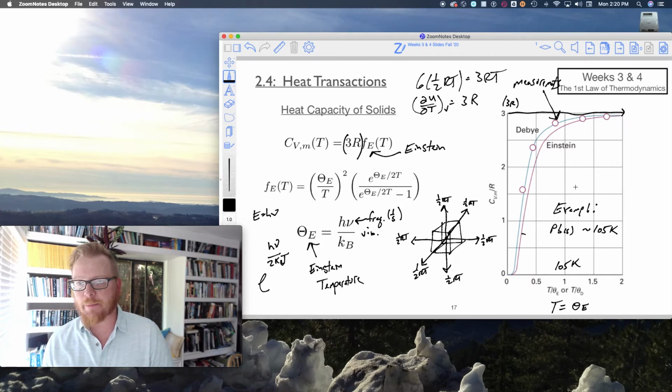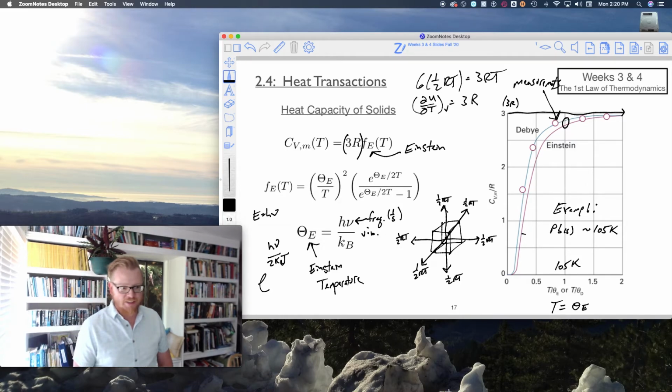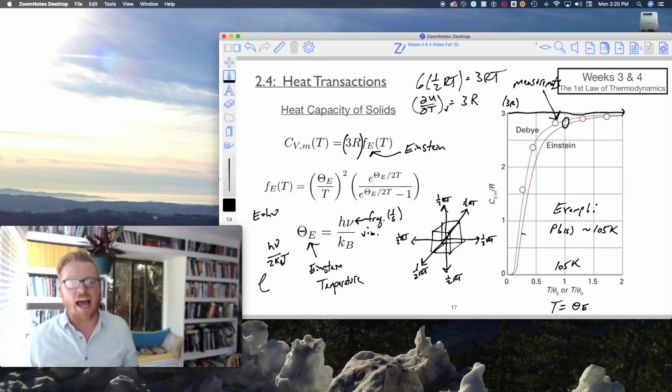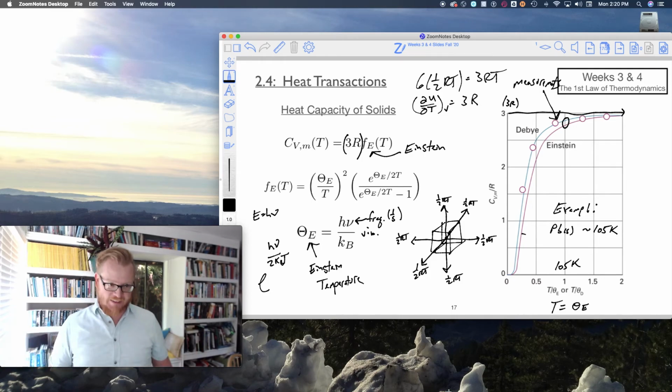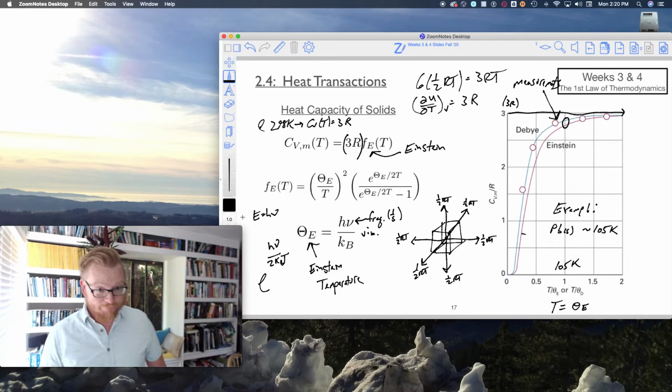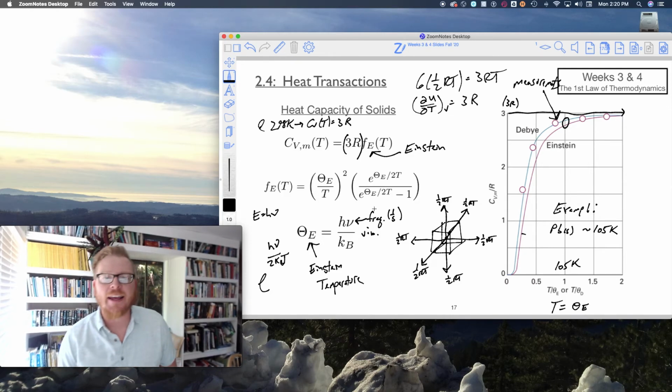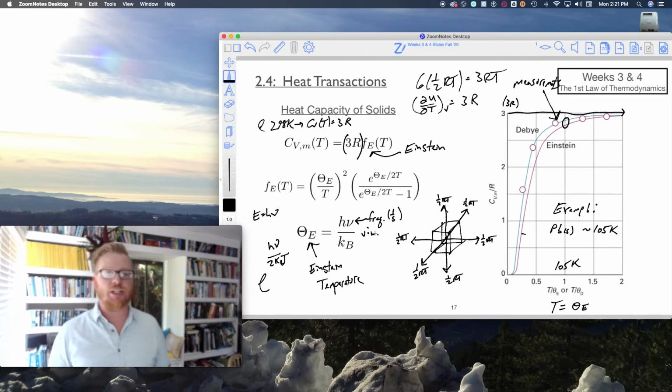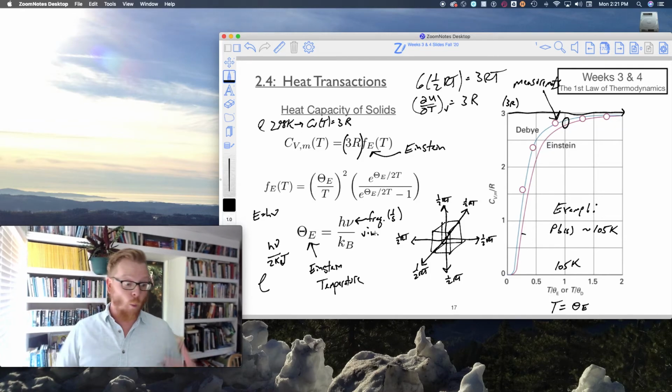The Einstein temperature is the temperature at which the solid approaches its bulk classical heat capacity. In other words, at 298 K, this equation just becomes 3R, because at 298 K this partition function no longer matters. That partition function approaches the value of 1.